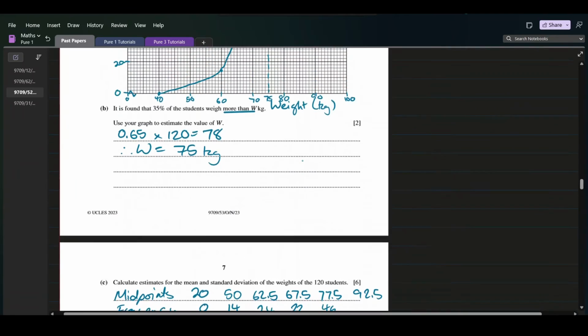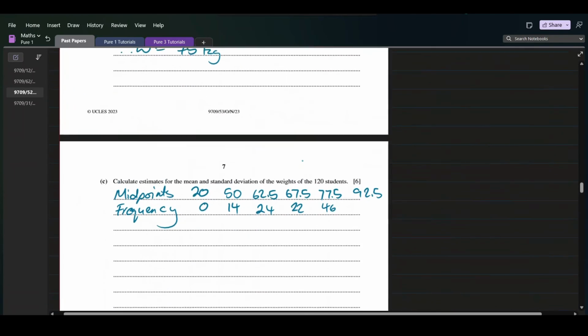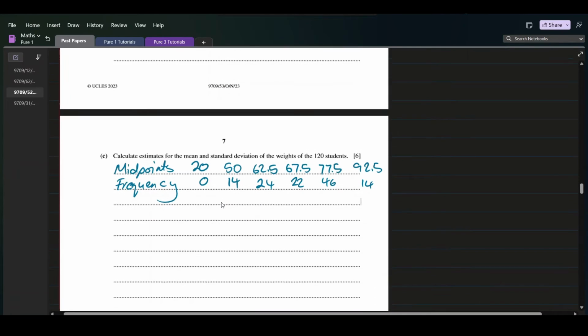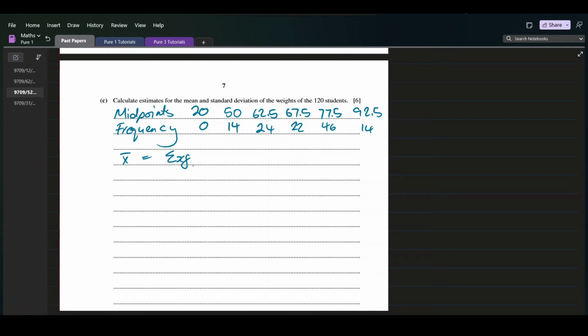And our last class is 120 minus 106, which is 14. Now that we have our midpoints and our frequencies, we can now evaluate both mean and standard deviation. Let's start with our mean. X bar, the formula we're going to use, is equal to the summation of xf over the summation of f, where x are the midpoints and f is the frequency.